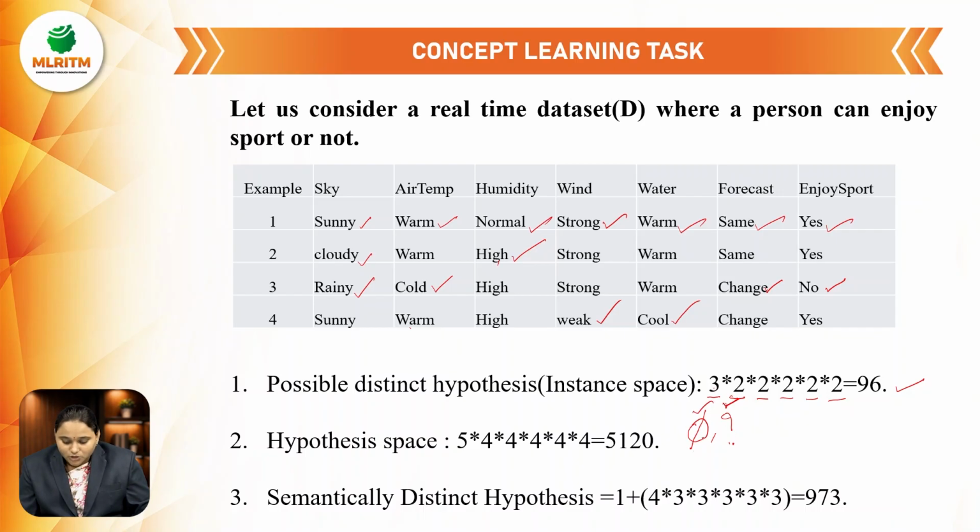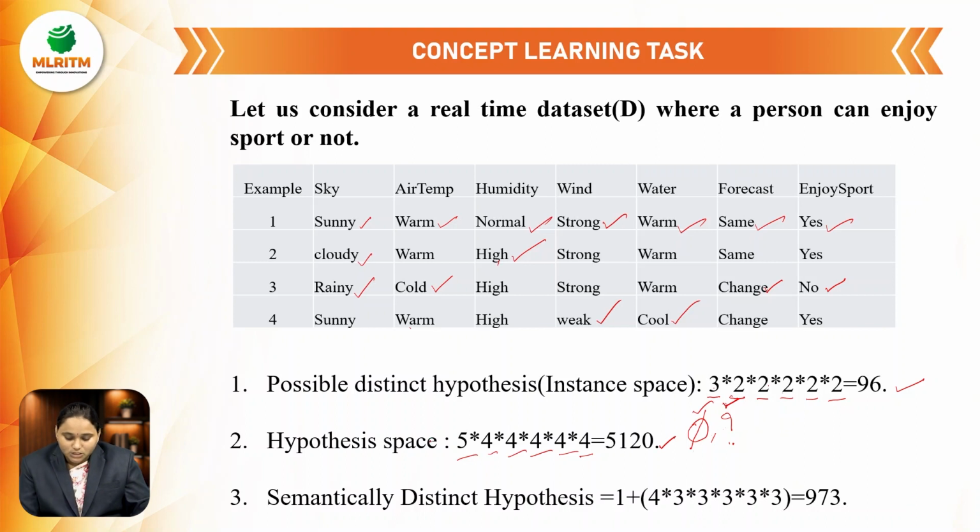If we add these two to 3, 3 plus 2 is 5. Next, 2 plus 2 is 4, and the same for each of the remaining attributes. So the multiplication of 5 into 4 into 4 into 4 into 4 into 4 is 5120.